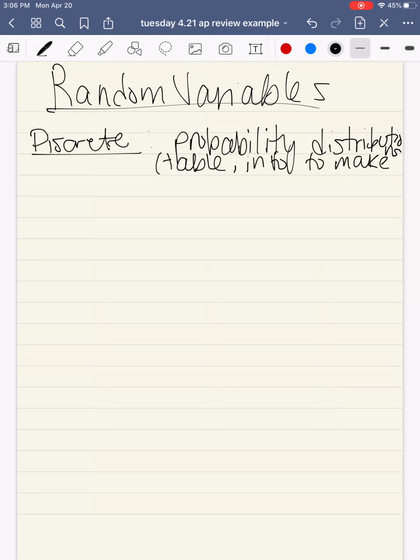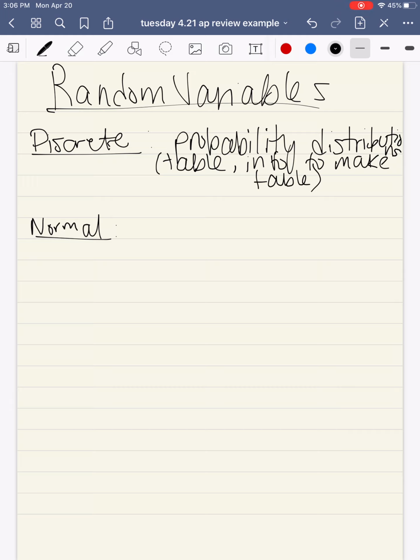That's a very important aspect because sometimes you won't be given a table in a discrete random variable, but you'll be given enough information to make one. And then our second type that we use to calculate probabilities is a normal random variable. And this one's pretty easy because in the problem, they'll explicitly tell you that the random variable is normal.